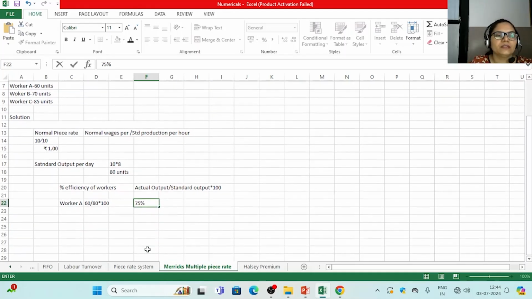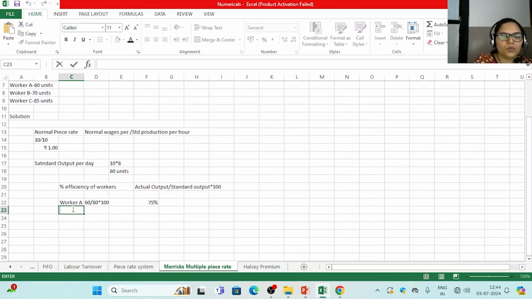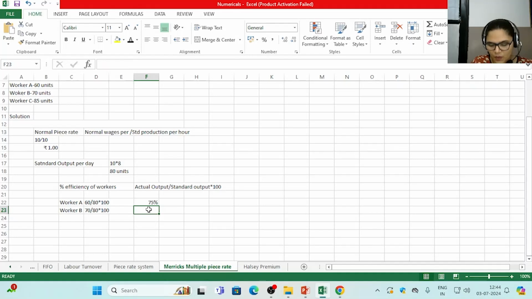Next is worker B: 70 by 80, where 70 is the actual output and standard output is 80, multiplied by 100, which will give us a value of 87.5%.